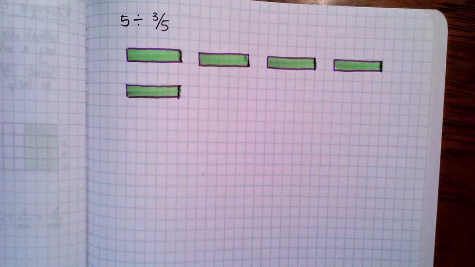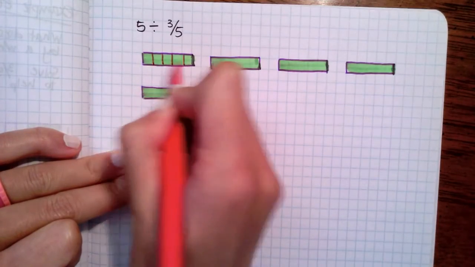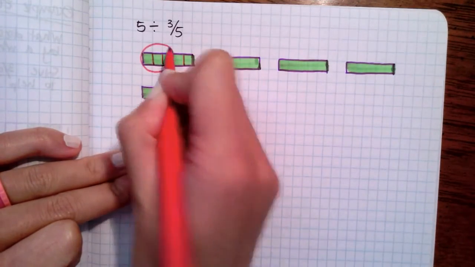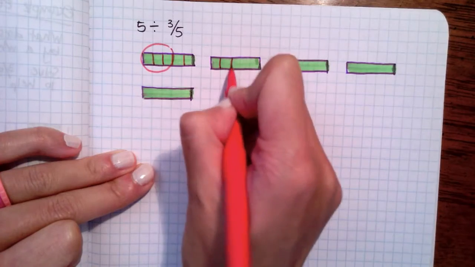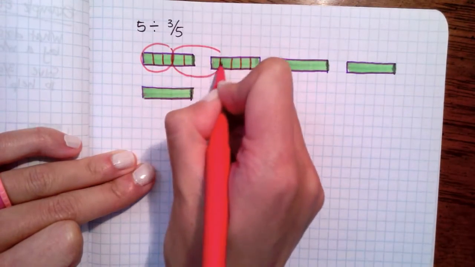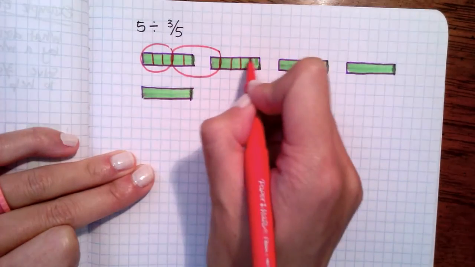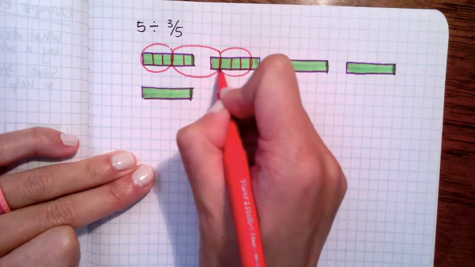Now we're dividing it into groups of 3/5. So here's 1, 2, 3 out of 5. So here's one group. 1, 2, 3, 4, 5/5. I have another group of 3/5 because this is what we're dividing it into, groups of 3/5. Here's another group of 3/5.